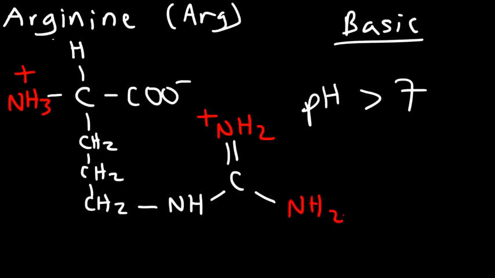And so arginine has a lot of nitrogen atoms. It's another basic amino acid, and it's also a charged amino acid. And the same is true for the previous one, lysine. Because it had an NH3 plus group at the end, it's also considered an electrically charged amino acid. So all of the basic and acidic amino acids are charged amino acids.